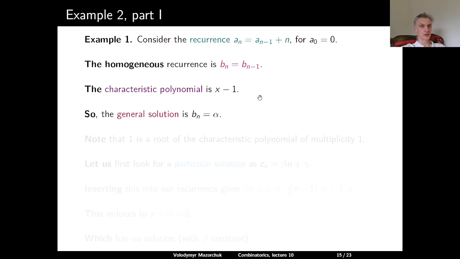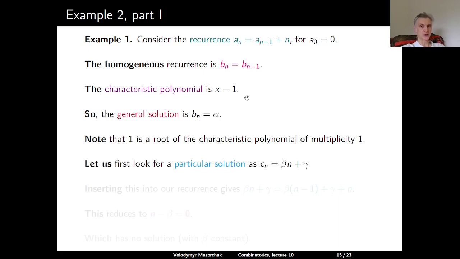The general solution to the homogeneous recurrence is b_n = alpha times 1 to the power n, but that's just alpha. Let us first check that looking for the particular solution as a polynomial of degree 1, which is the same as the degree of our term here, will not work.